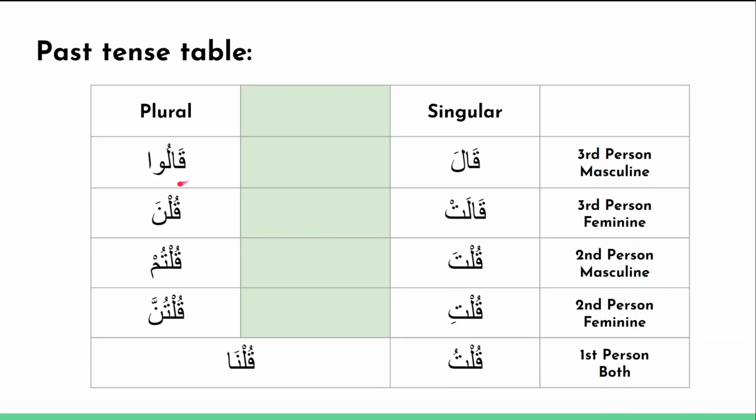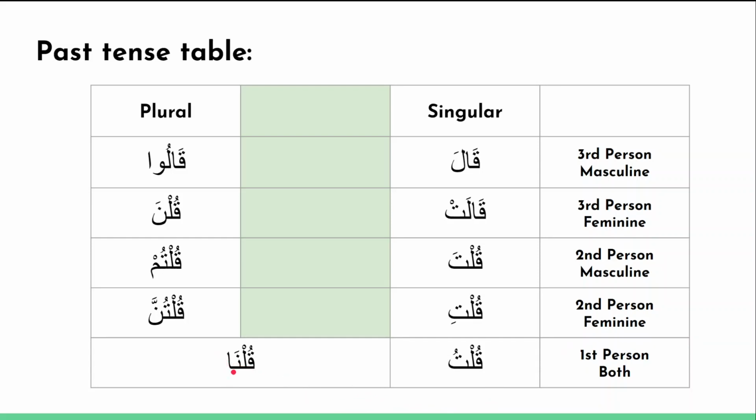And so you'll notice it's very similar. It's following the same type of pattern as kana. So this week instead of kunna, it's qulna. Instead of kunta, it's qulta. You said. Qultum, qulti, qultunna, qultu, I said. Qulna, with an alif at the end, we said.